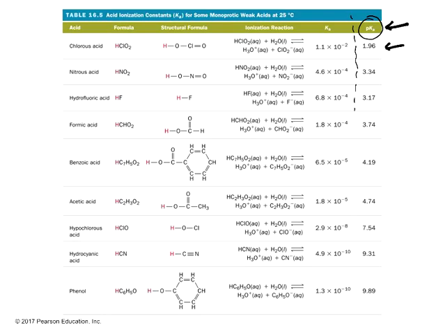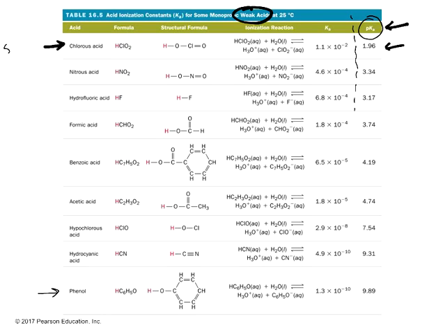So remember from the last slide that if we have a stronger acid, that means that we're going to have a smaller pKa value. Now, all of these acids are weak, but relative to each other, we can talk about strength. So in this particular chart, chlorous acid is the strongest acid, and phenol at the bottom is our weakest acid.